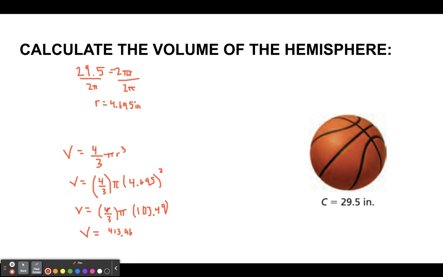All I did there was multiply the 4 and the 103.49 divided by 3 pi. And that means that the volume is going to give me 433.50 inches cubed. Make sure you're really careful with your units because remember we're talking about volume, so your final answer should be units cubed. And there you go. Those are your 3 examples for today.